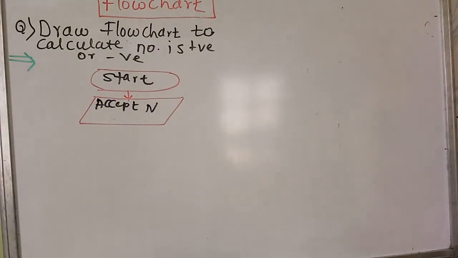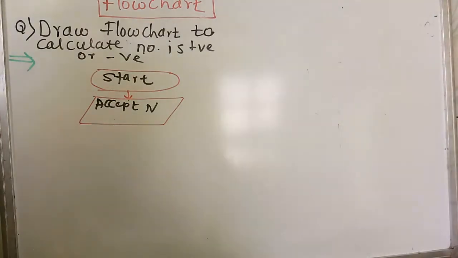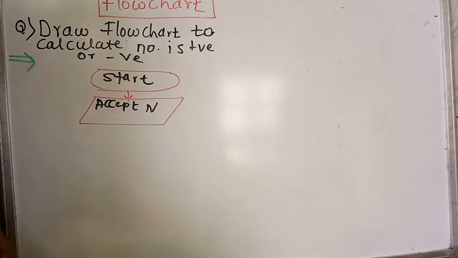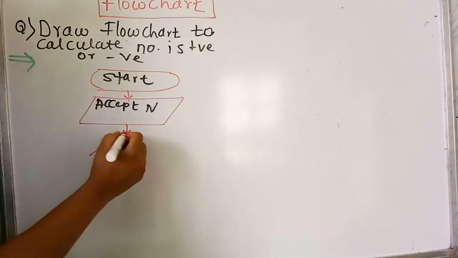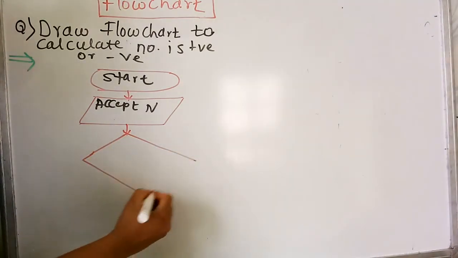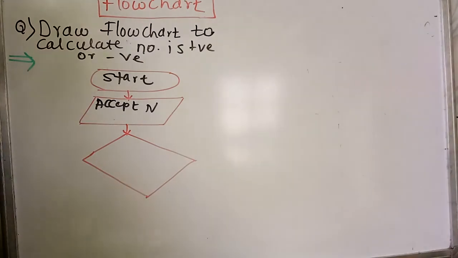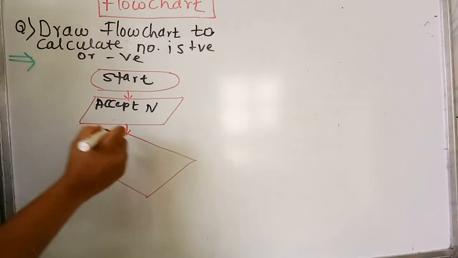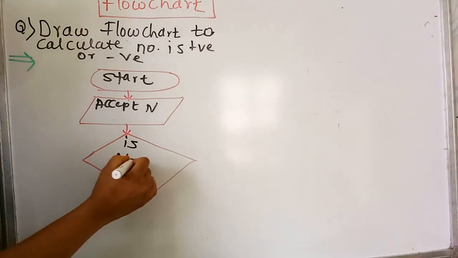Now we will check it with 0. How will we check it with 0? We have to use the test condition. We will write, is n less than 0?